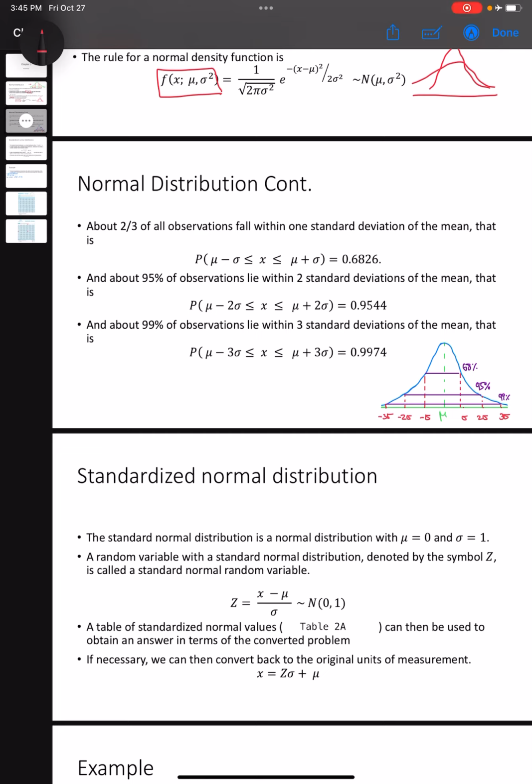We know about 2/3 of all observations fall within one standard deviation of the mean, or we can also say the probability that x falls between mu plus minus 1 sigma is about 68%, and the probability that x falls between the mean plus minus 2 standard deviations will be 95%, and the probability that x falls between 3 standard deviations and the mean will be 74%.